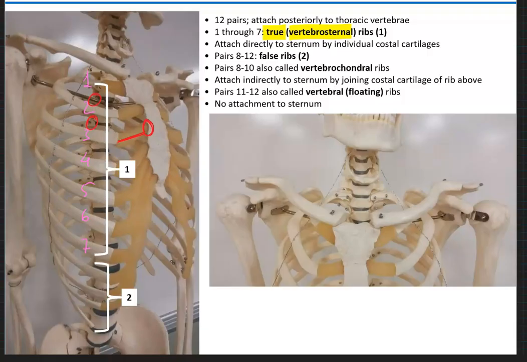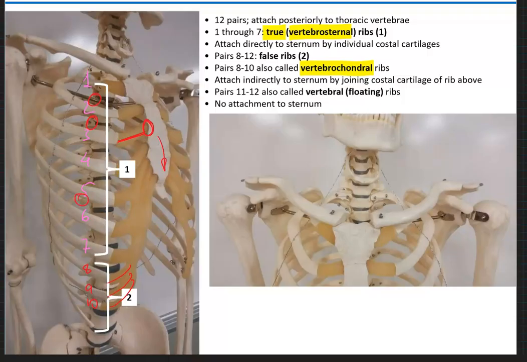Now 8 through 12 are false ribs. Specifically 8, 9, and 10, sometimes called vertebrochondral ribs, because they are indirectly attached through a really long chain of cartilage to the sternum nevertheless. And the other end faces the vertebral column.